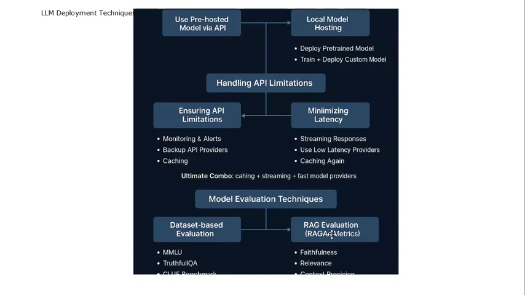Coming to RAG-based implementation evaluations. If you are implementing a RAG-based technique, where LLMs use external documents like PDFs or websites to answer, we can evaluate these with the RAGAs metrics: faithfulness, relevance, context precision, and context recall.